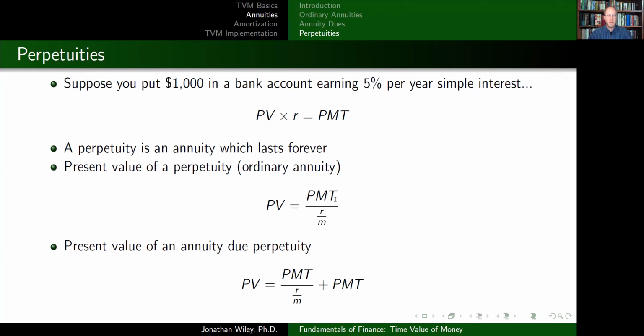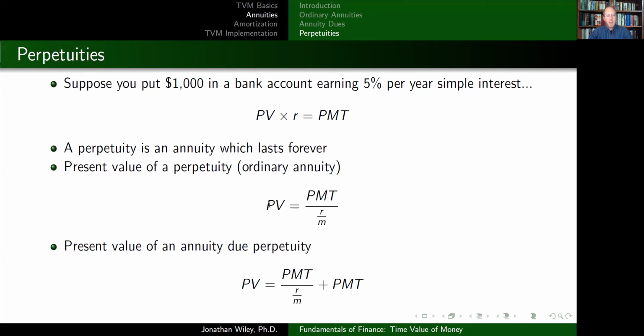In other words, if the payment is monthly, the rate in the denominator needs to be a monthly rate. If the payment is weekly, the rate in the denominator needs to be a weekly rate. Ultimately, I'm just going to take the payment divided by the applicable rate, as long as I've matched up the time frame associated with the payment and the time frame associated with the rate. And that gets me the present value of this infinite series of cash flows in just one simple calculation, which is kind of nice.